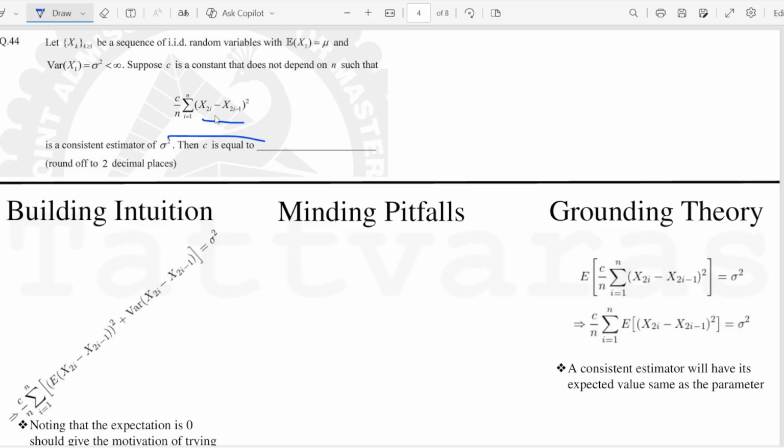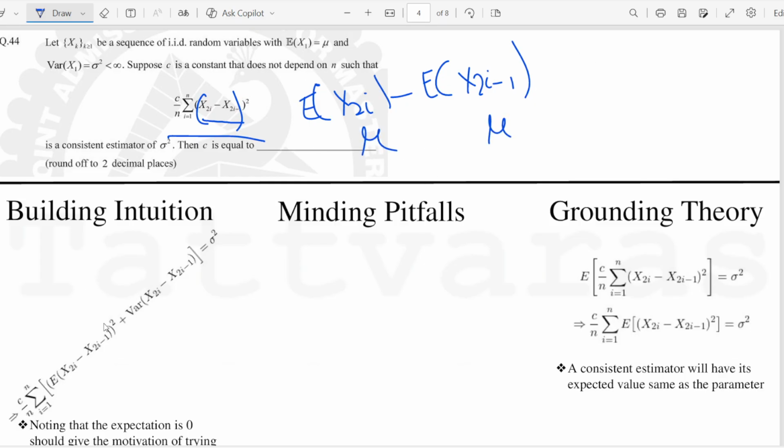If you look at it, the expectation of these individual ones is zero because it's essentially x2i minus x2i minus 1, right? So it's mu minus mu, which is zero.